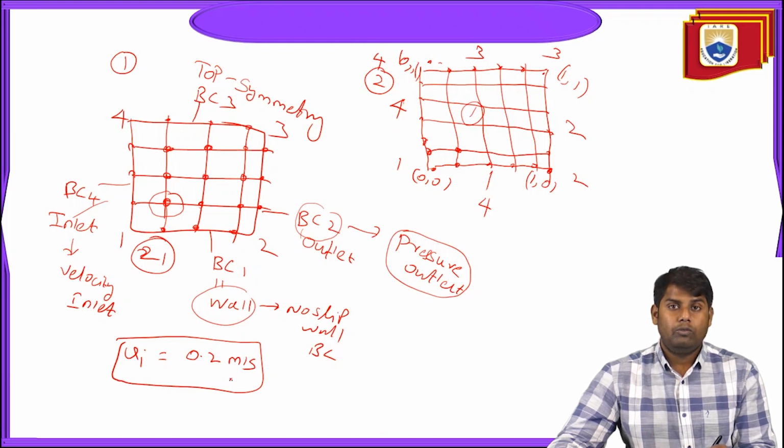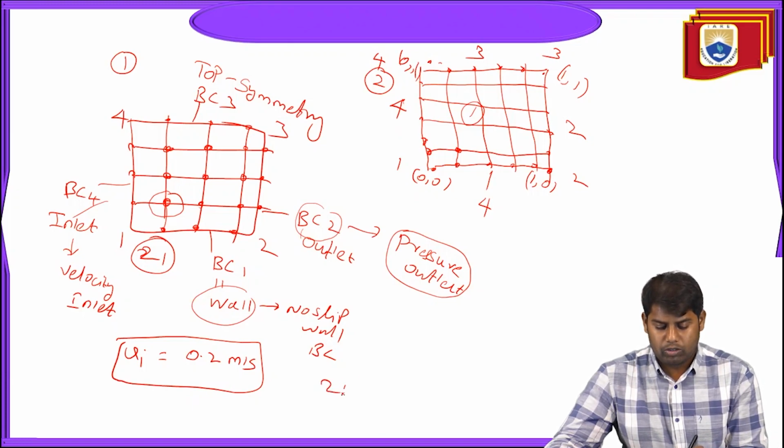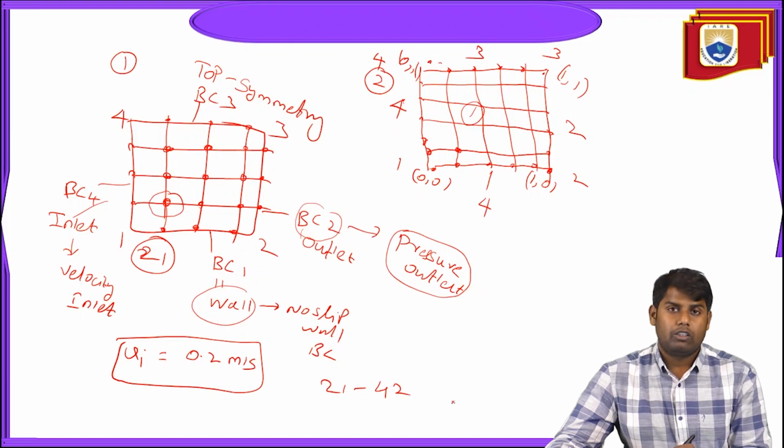Okay. Now we repeat the same process for another set of data. Here we have 21 grid points, so instead of 21, I will double it, so 21 goes to 42. When I change the number of grid points, if the solution changes, I again find the velocity at the same grid point.